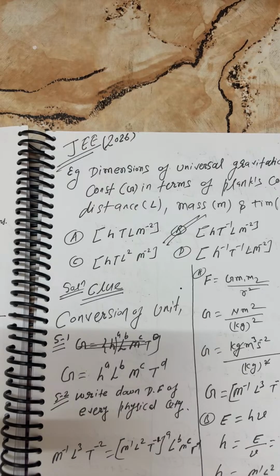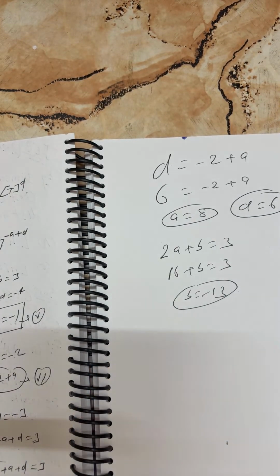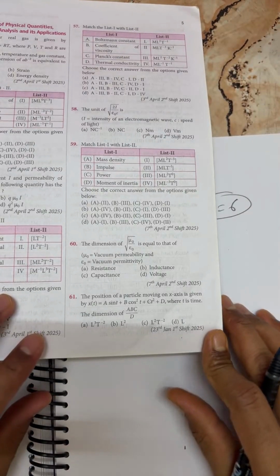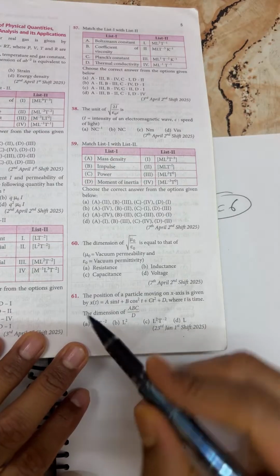Okay. We do 2025 here. So 2025, what's the question here? You can see the question here only. I don't want to hide anything. This is the question here. Question number 61.